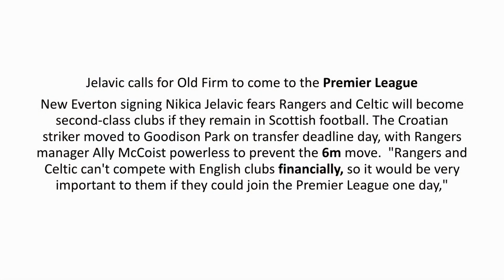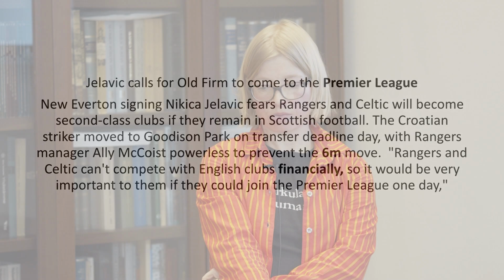So here's an example text. It's about football or soccer, about the Premier League in the UK, about player contracts, new Everton signing Nikita Jelavic, Rangers and Celtic will become second-class clubs, a 6 million move, financial issues, administration, Premier League football clubs.